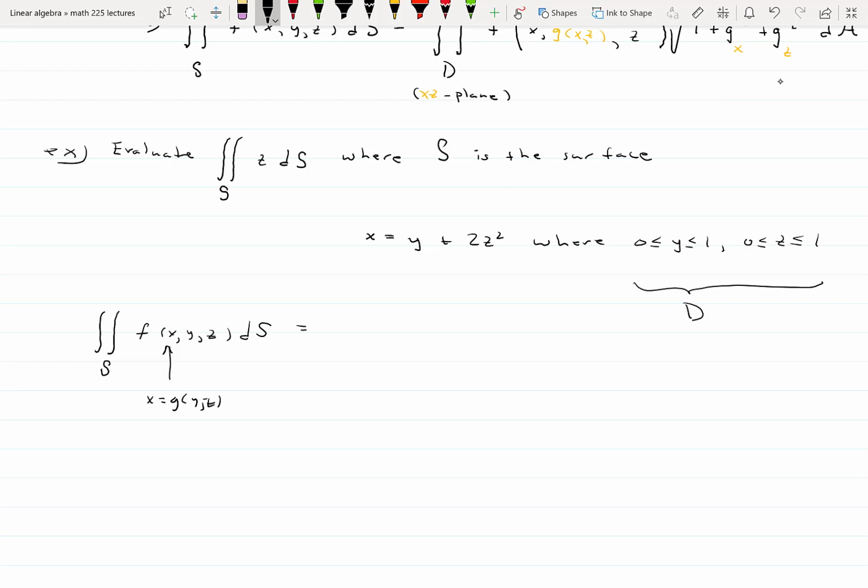So we integrate over D in the yz plane of f of g of y and z, y and z, where dS is the square root of 1 plus g sub y squared plus g sub z squared dA.